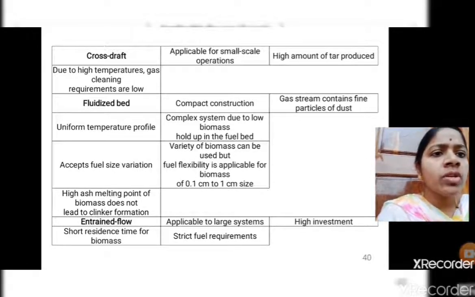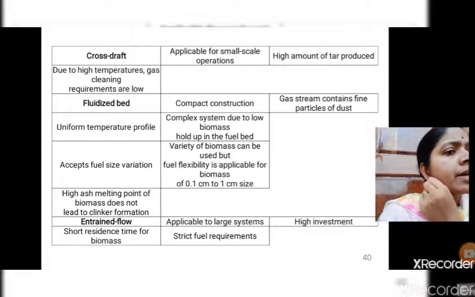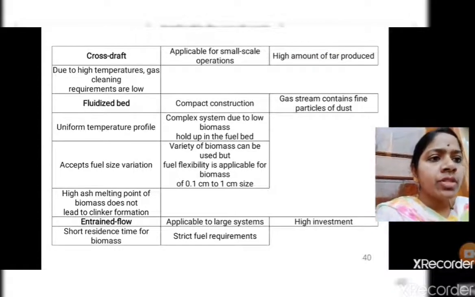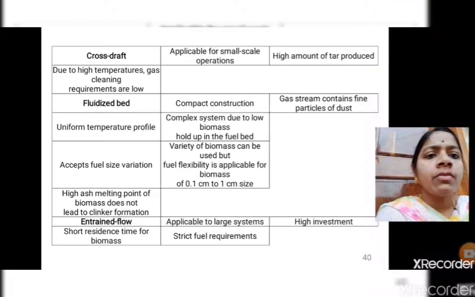When it comes to advantages, it is best suited for small-scale operations. The disadvantage is again the high tar content, because the gas passes through oxidation and reduction, and whatever tar comes after the pyrolysis zone adds to the producer gas. That is a disadvantage we can see in the crossdraft.